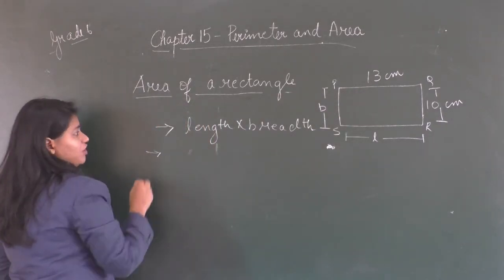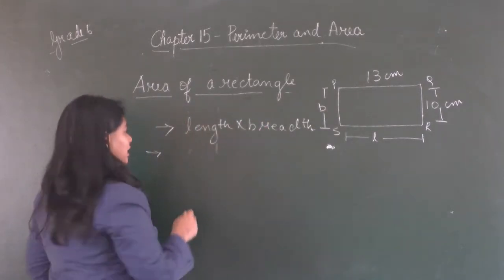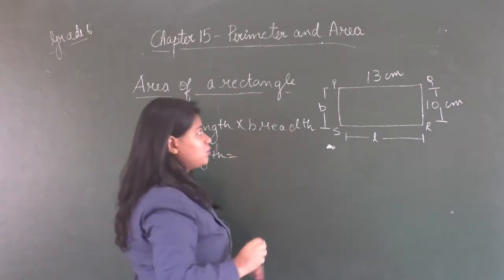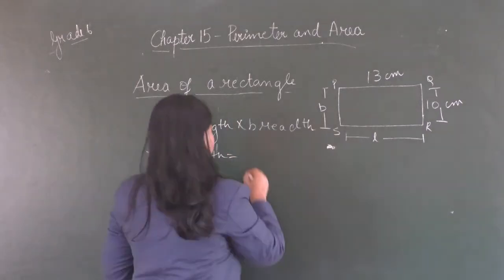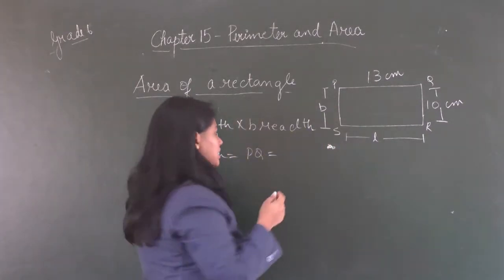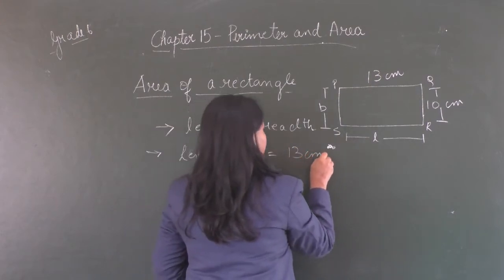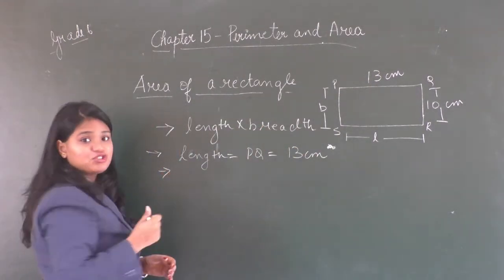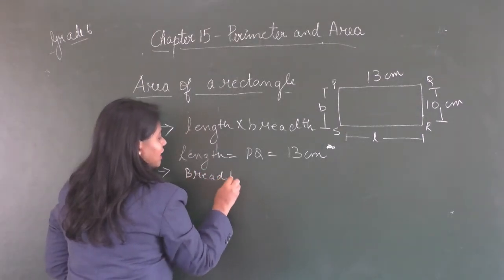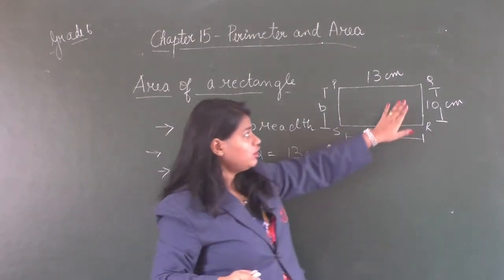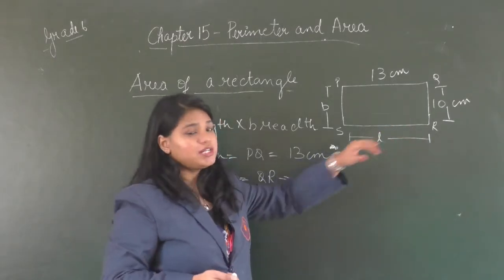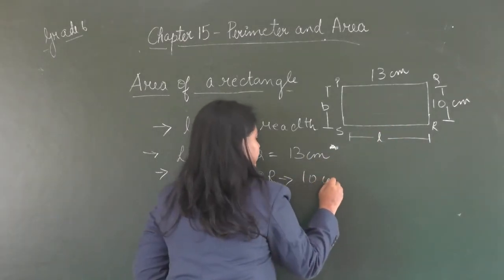First I will write the given measurements, that is length is equal to PQ is equal to the given measurement, that is 13 centimeter. Next I will mention the breadth, that is QR, and the measure of QR is 10 centimeter.